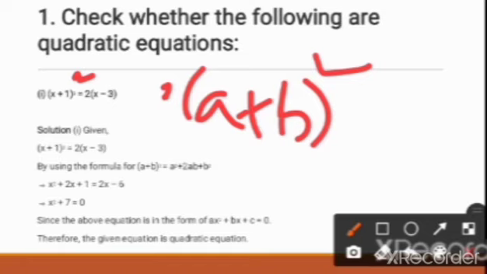So we will use that on the left side: a square plus b square plus 2ab is equal to, when we multiply 2 by x and by minus 3, you will get 2x minus 6. When you solve this equation, you will get x square plus 7. So is it quadratic? Yes, it is quadratic, because degree of the quadratic equation is 2. So that means it is a quadratic.